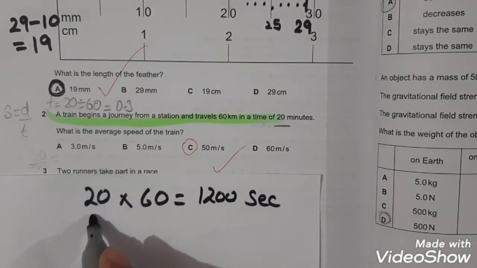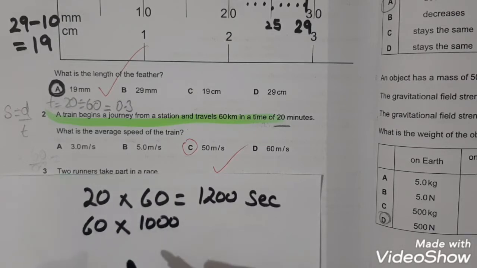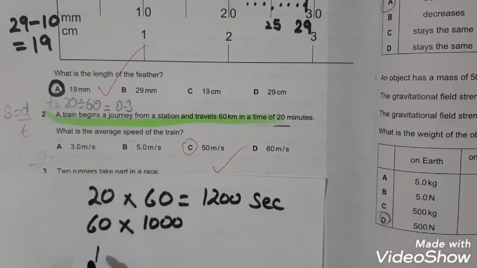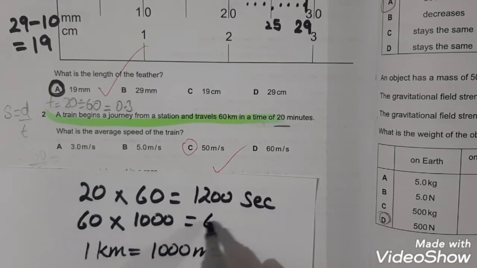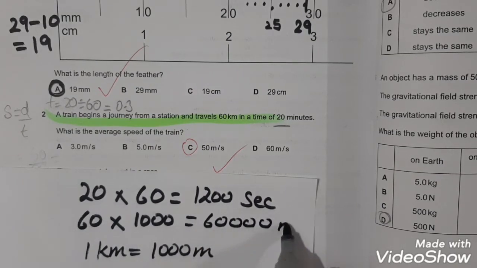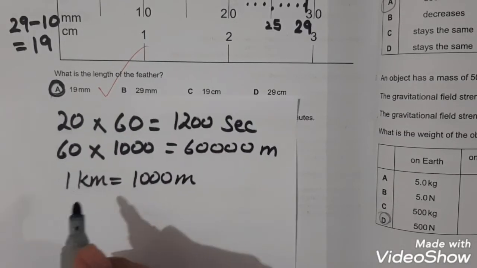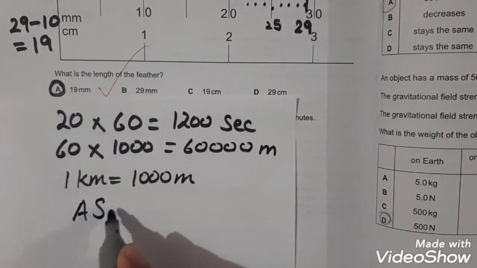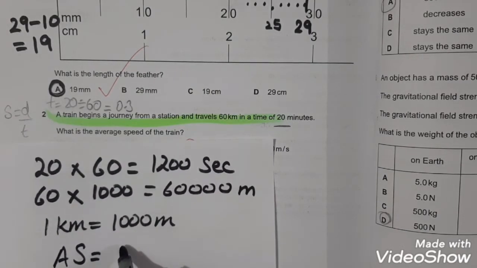Then we have the distance, which is 60 kilometers in a time of 20 minutes. So we will convert 60 kilometer into meters, which is 60 multiplied by 1000, because 1 kilometer is equal to 1000 meters, which will be 60,000 meters. Then we will calculate the average speed of the train. Average speed is equal to distance divided by time.